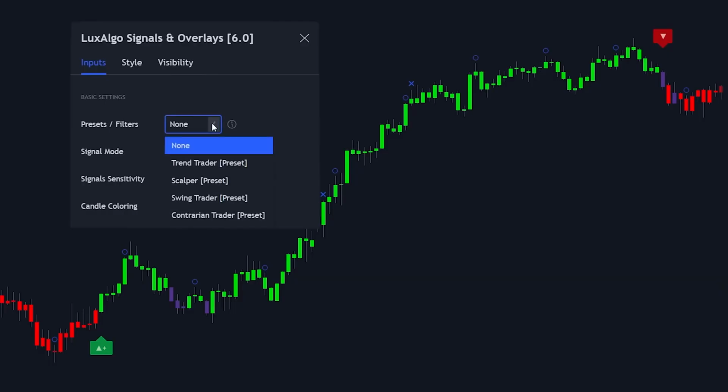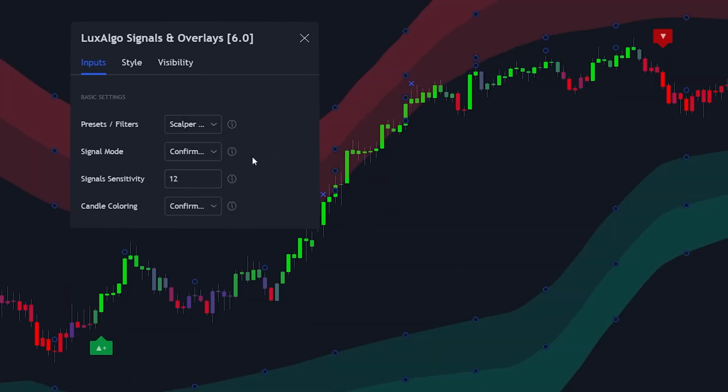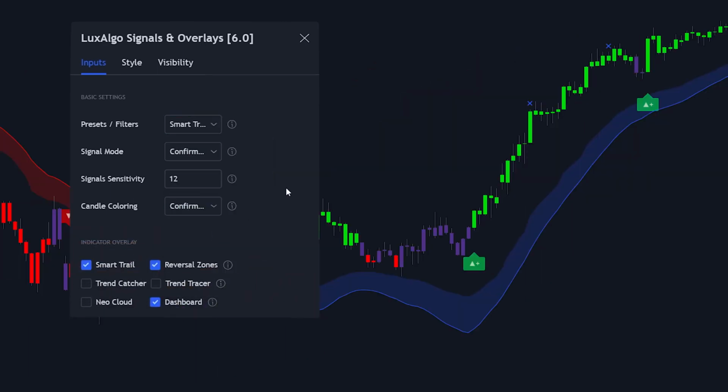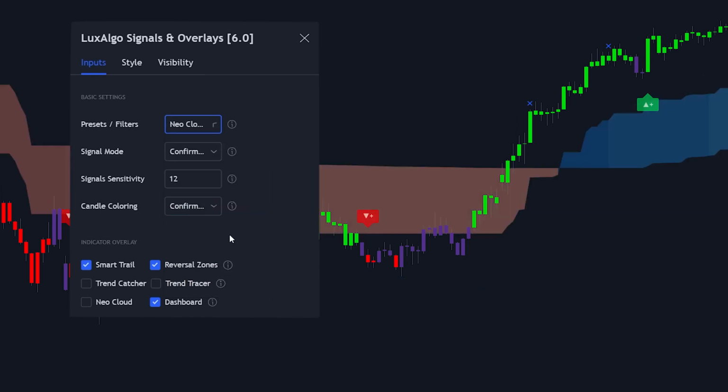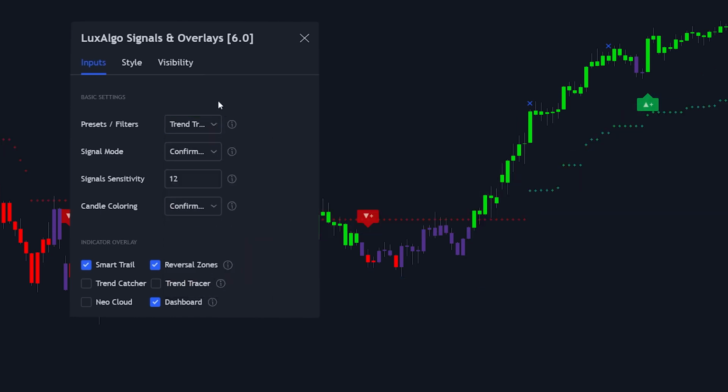Most people end up just using one or two of these. Beginner-friendly presets enable multiple features at once, so you can use recommended combinations of signals and overlays in one click. Signal filters are also within the presets and filters dropdown, so you can filter confirmation signals with indicator overlays and other metrics within the indicator.